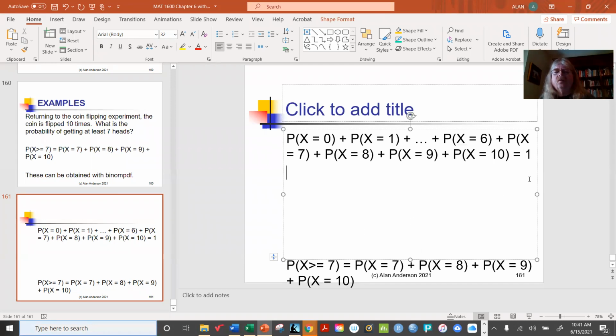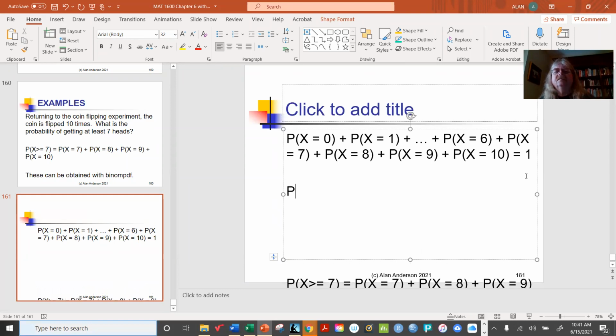So what I'm going to do is rewrite this. Here, x is less than or equal to 6, plus the probability that x is greater than or equal to 7 adds up to 1.